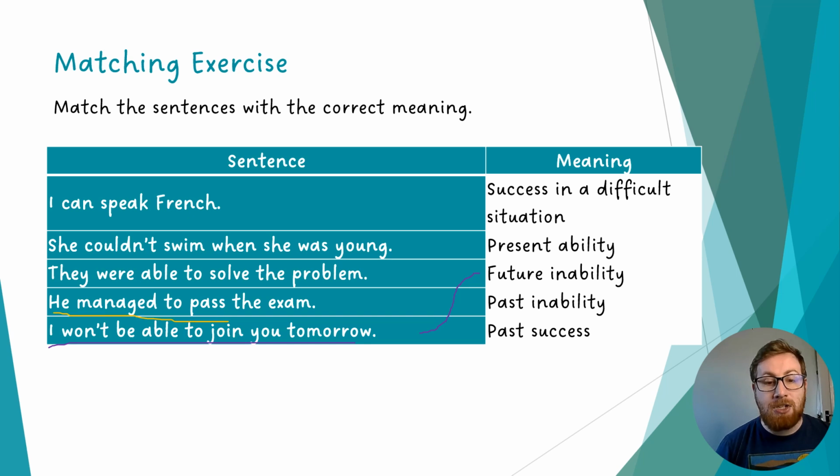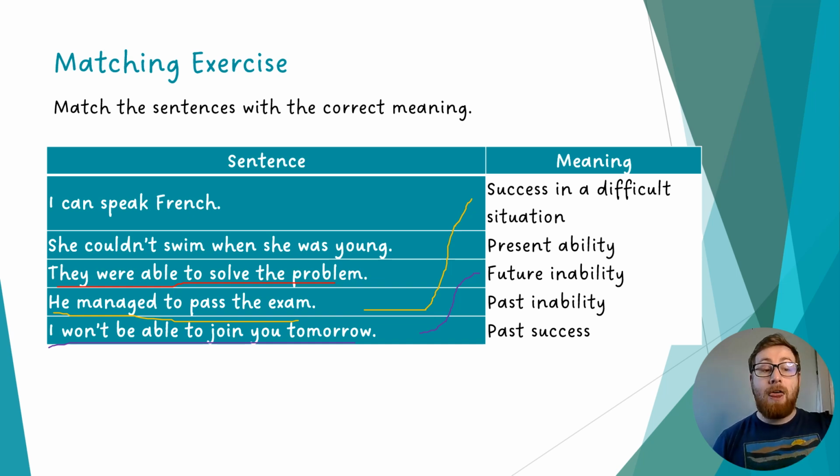Let's use the next one. He managed to pass the exam. So manage, that would be success. Success in a difficult situation. Let's try that answer. They were able to solve the problem. So this would be a specific success. But when?